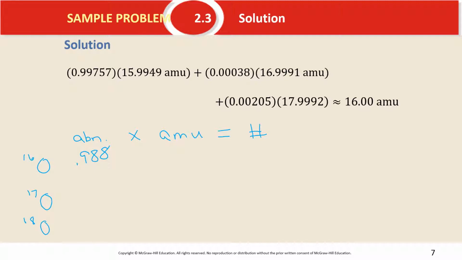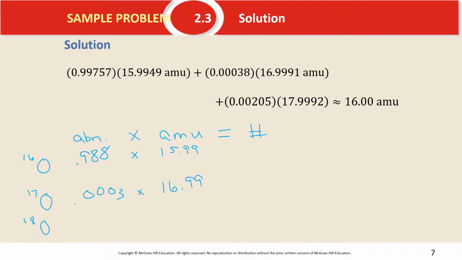Oxygen-17 was 0.038%, that turned into a decimal, that's 0.00038. Its mass was, I believe, 16.99.